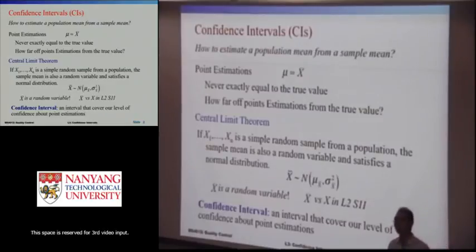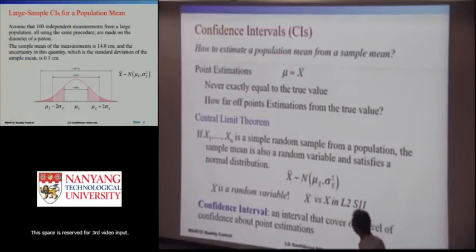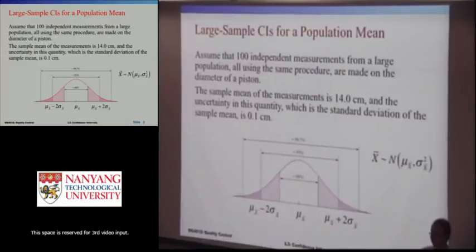How? Let's look at one example, which I call the example Preston. Assume that 100 independent measurements from a large population, all using the same procedure, are made on the diameter of Preston. The sample mean of the measurements is 14.0. This is X bar.